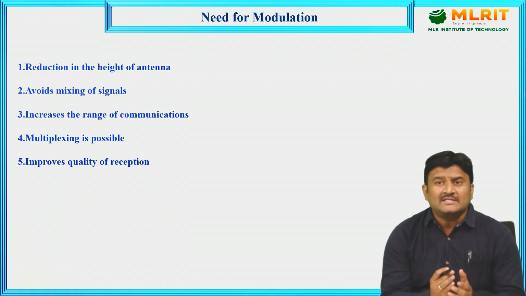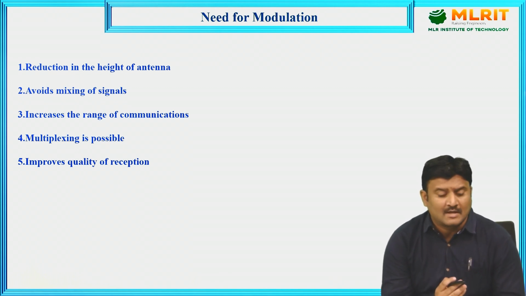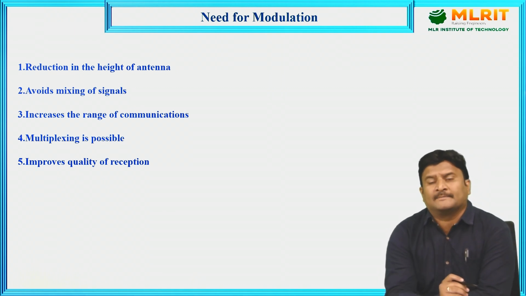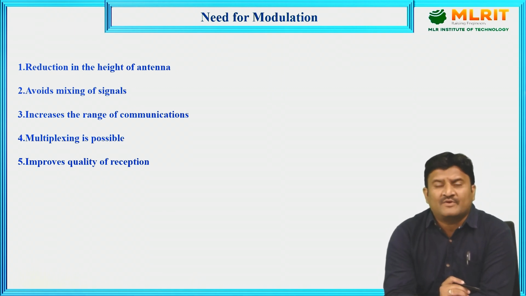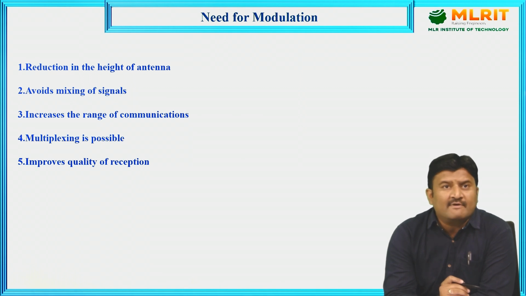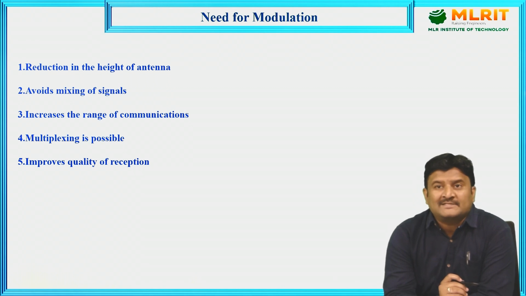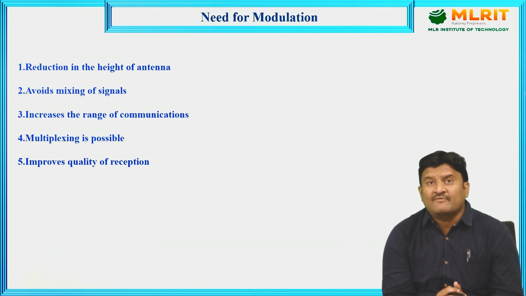What is the importance of modulation in communication? Observe, the first point is reduction in the height of the antenna. The others are avoiding mixing of signals, increasing the range of communications, multiplexing being possible, and improving the quality of reception.